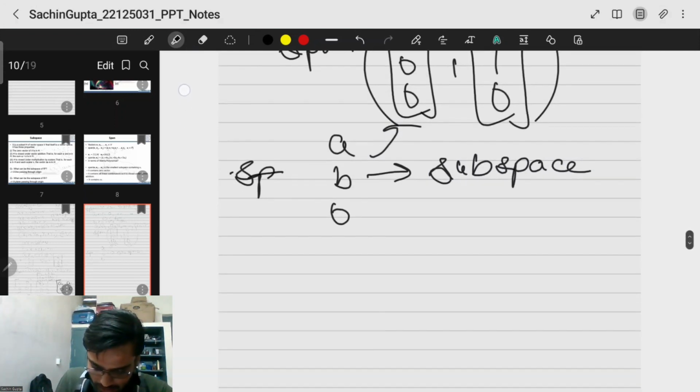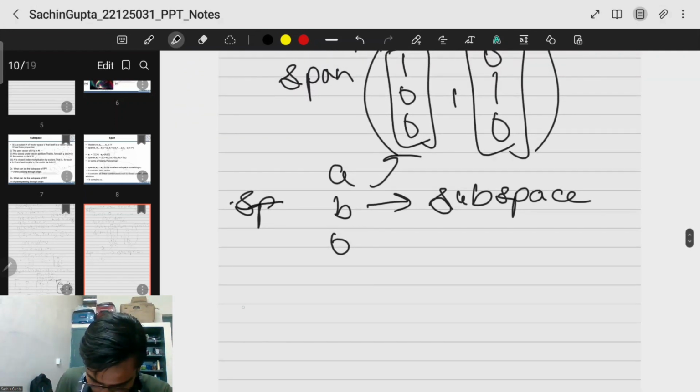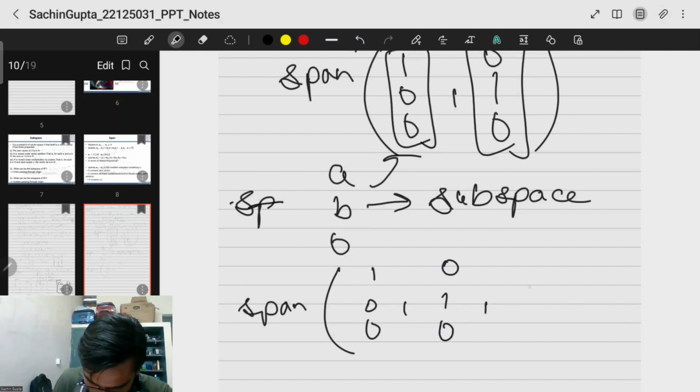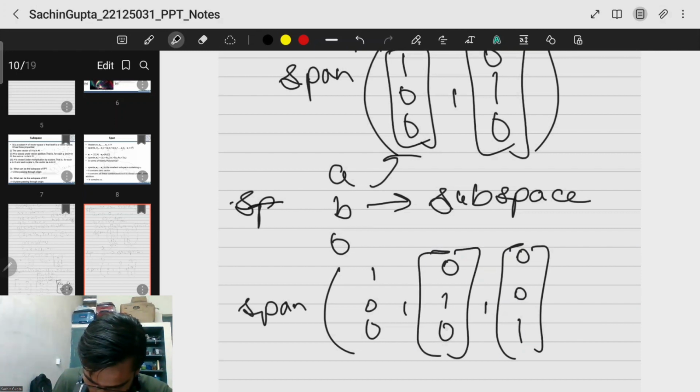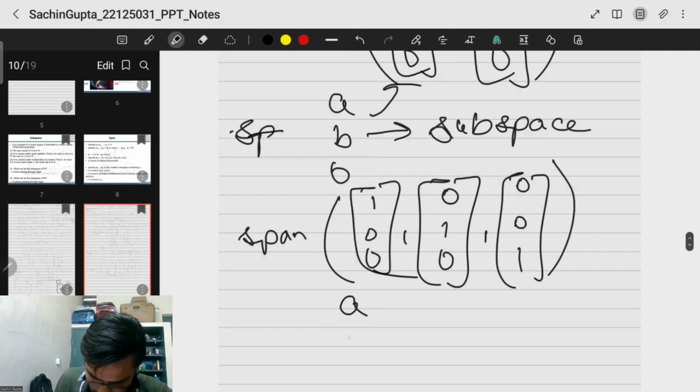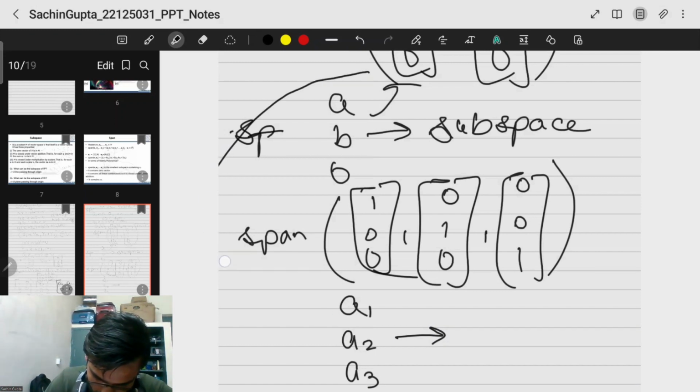But there is also another possibility, that is span of 1 0 0, 0 1 0, 0 0 1. What will it equal to? It will equal to a1, a2 and a3. So it also contains these vectors, isn't it?